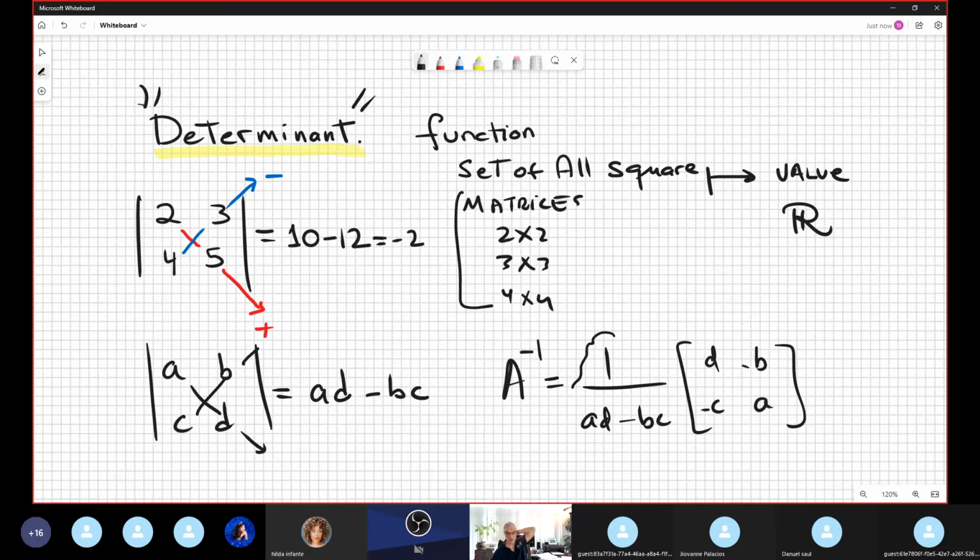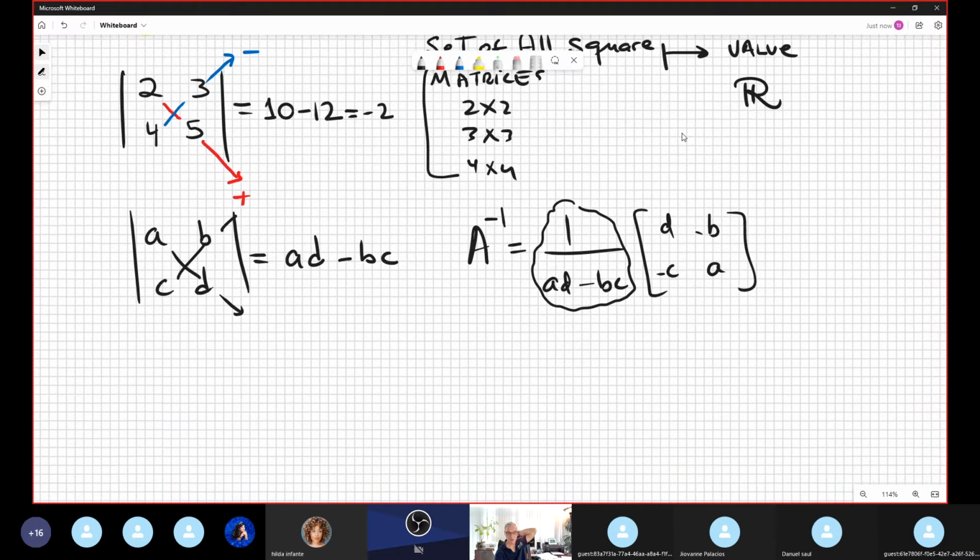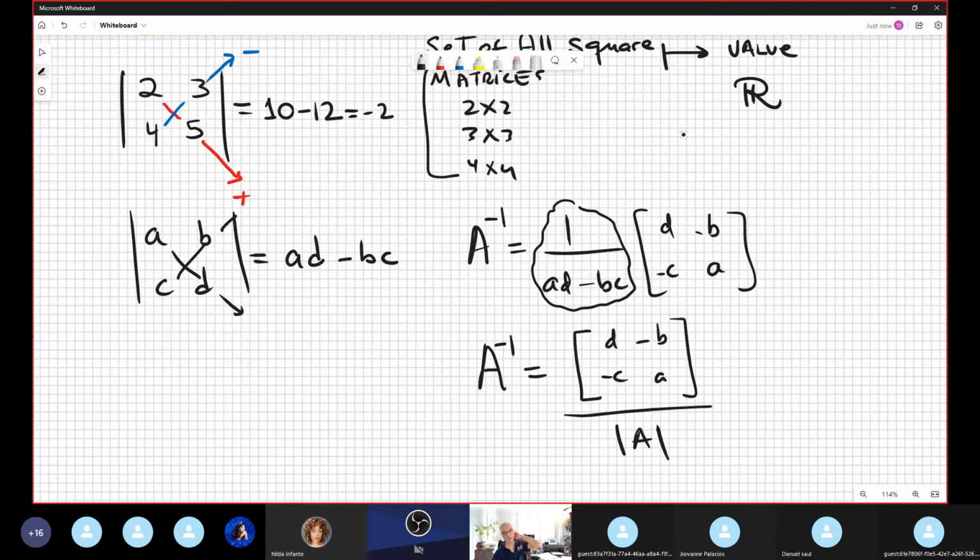So the more generalized idea to find the inverse matrix is to divide by the determinant of it.